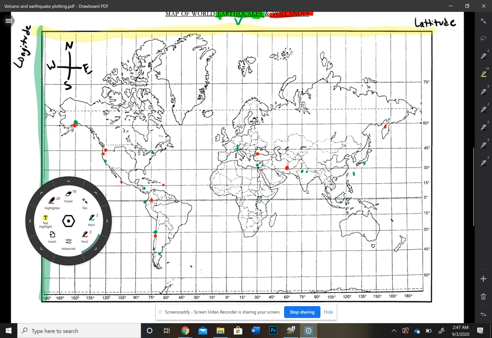Okay. 3 south, just below the equator, and 37 east. It's right there.